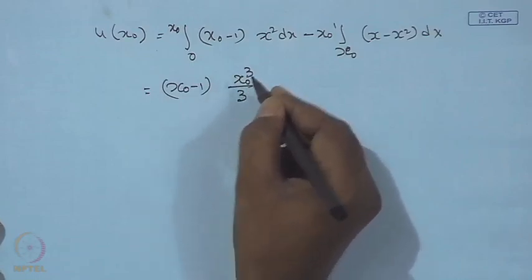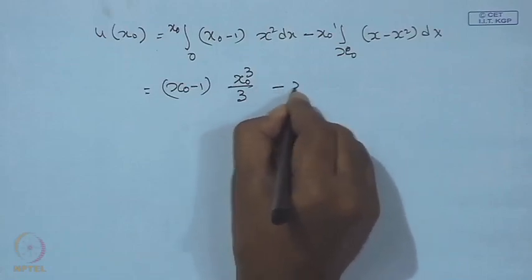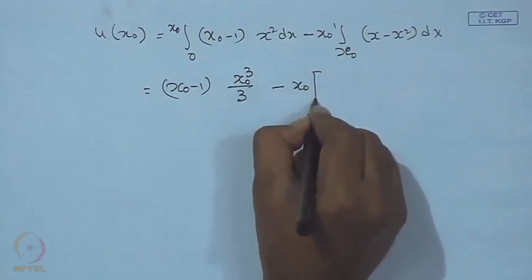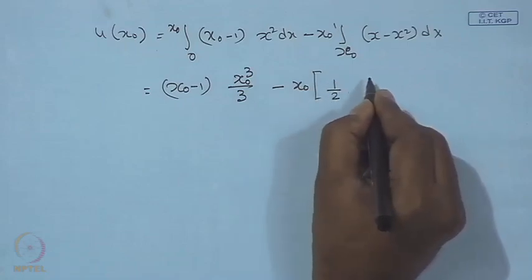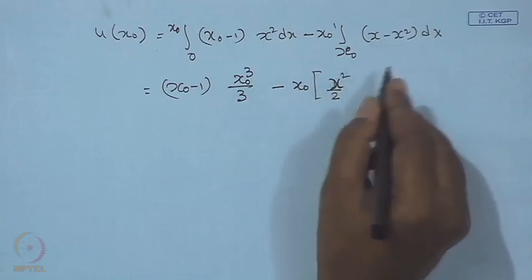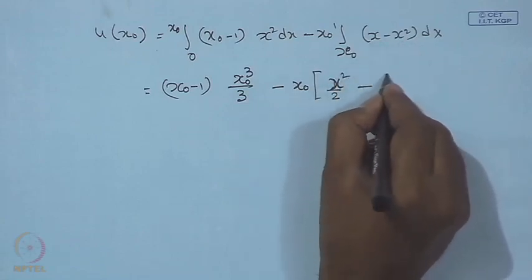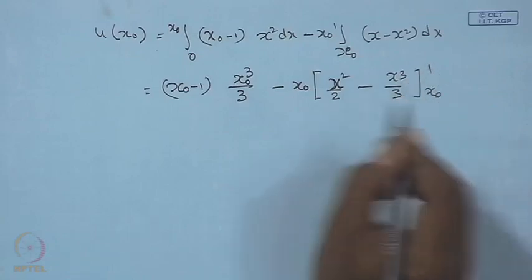That is how one will be getting it. Minus x naught to be treated as common. So, it will be x square by 2, x dx minus x square dx is x cube by 3. We evaluate it from x naught to 1.